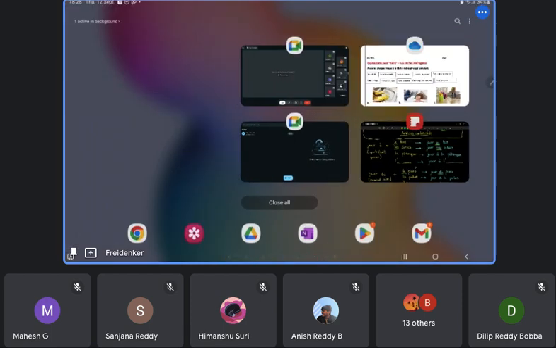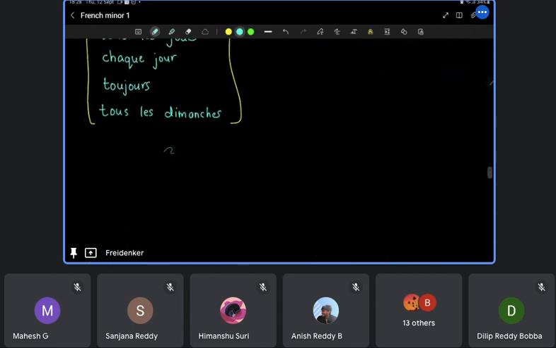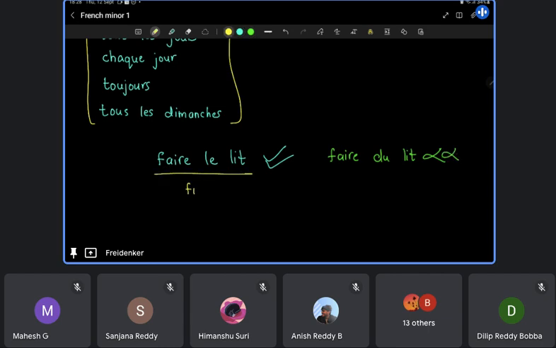So faire le lit is correct, but faire du lit is wrong because this is fixed. This is a fixed expression.